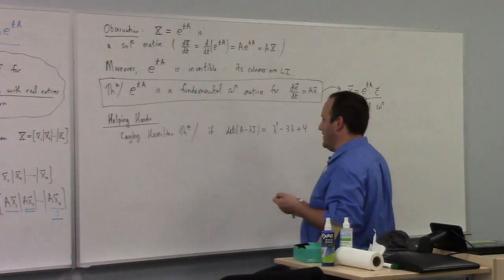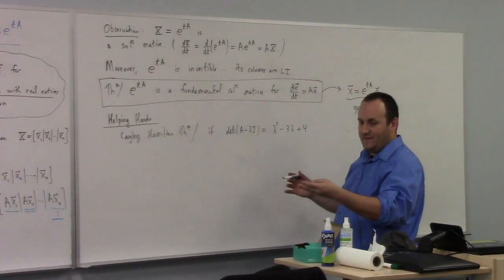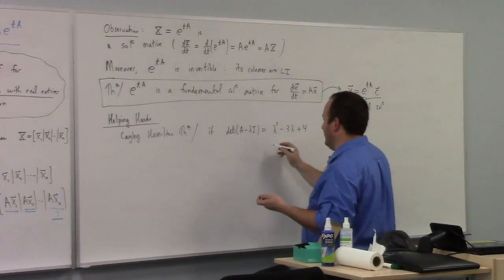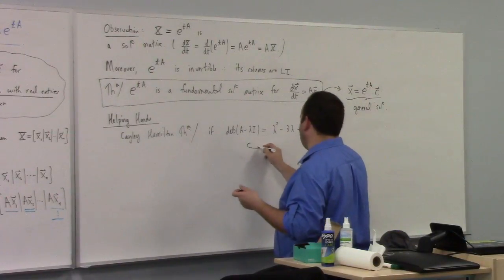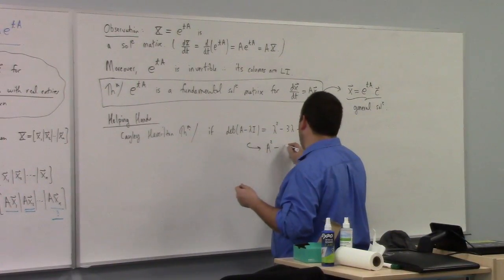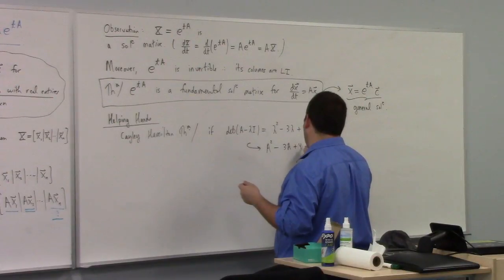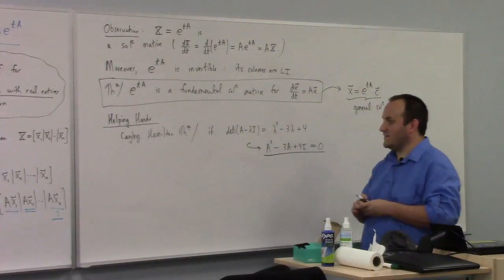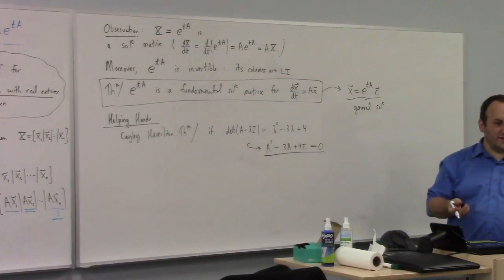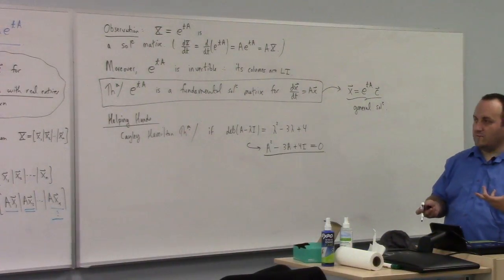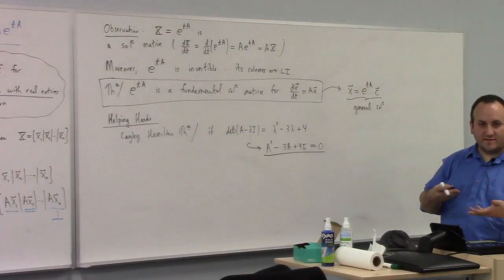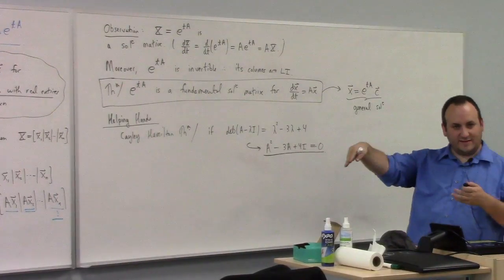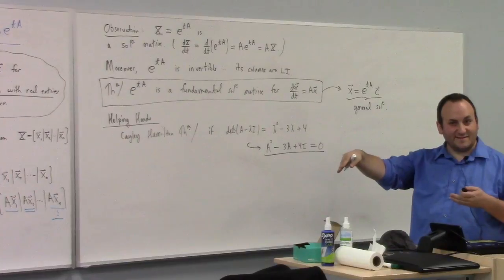If that is that, then the Cayley-Hamilton theorem says that A squared minus 3A plus 4I is equal to 0. Whatever the characteristic polynomial is for your matrix, if you plug the matrix into the characteristic polynomial, it works.